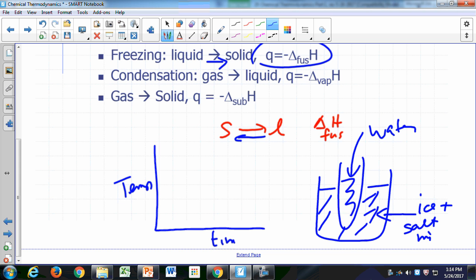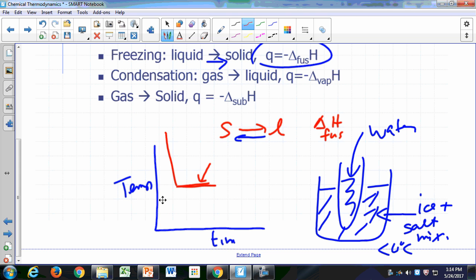This is below 0 degrees Celsius. If you monitor the temperature, it's going to be dropping quickly. But once the liquid starts freezing, the rate of cooling is going to slow down. In fact, it gets arrested. This flattening of the temperature versus time curve is indicative of a liquid turning into a solid.